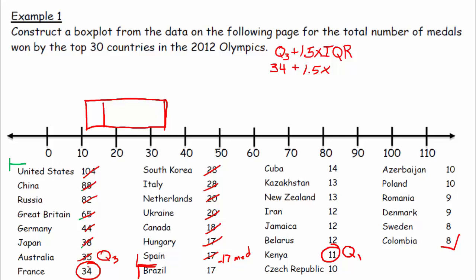That would be the range between 34 and 11. So 34 minus 11 is going to give me 23. So 34 plus 1.5 times 23 would give me 68.5.